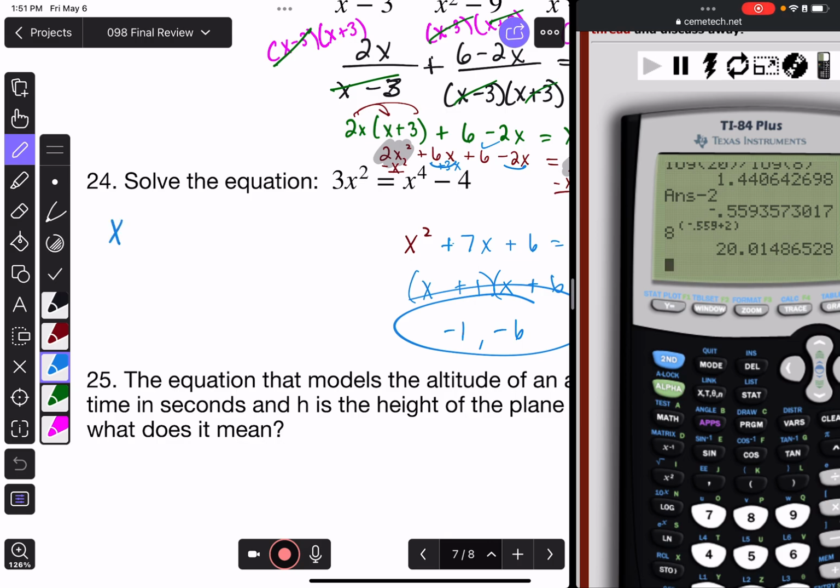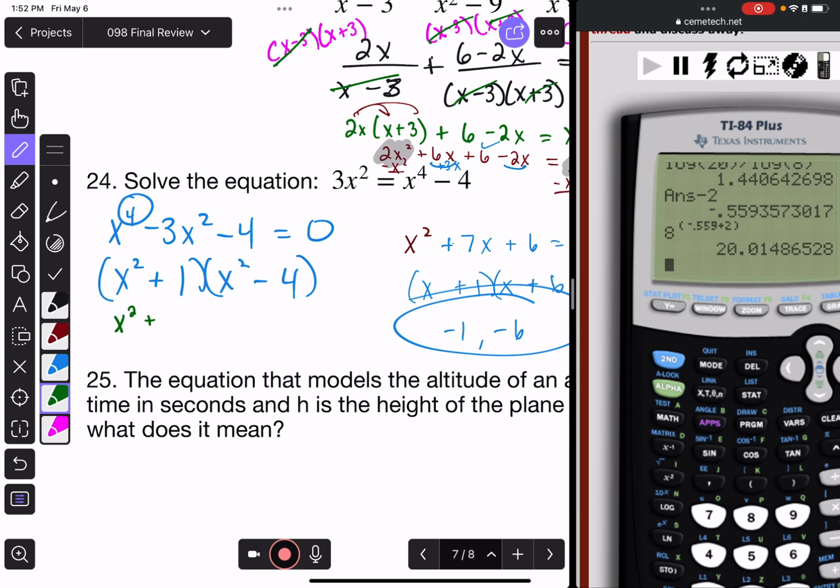Number 24, we got x to the 4th minus 3x squared, because I'm going to take it to the other side. See, x to the 4th, we've talked about these guys. Lots of times they're in quadratic form, so you can break it apart as x squared, 1 times 4, negative, positive. Those add up to the 3 in the middle. Let's see here. These are quadratics, so you can actually solve them by setting them equal to 0 now.